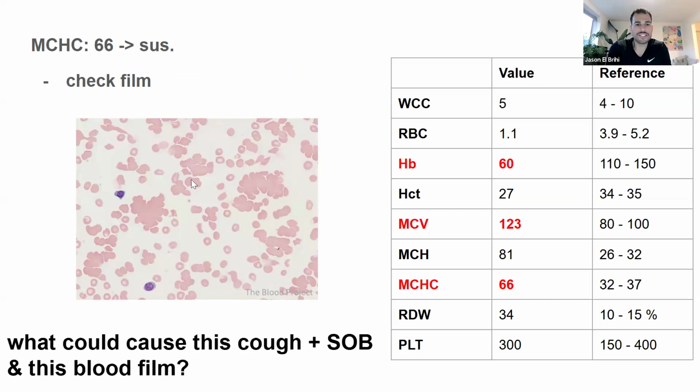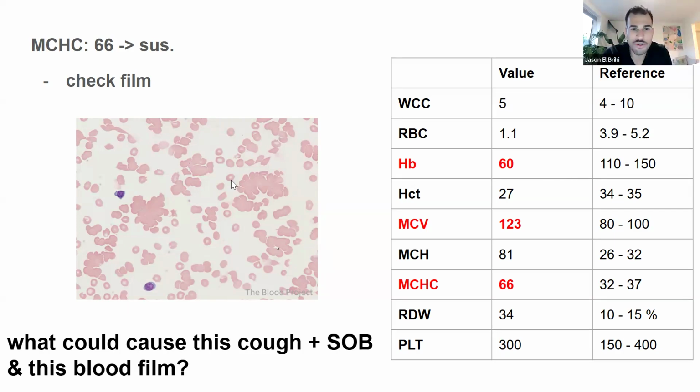So does anyone want to describe what we're seeing here? I did mention it earlier in the lecture, see if anyone was listening. Ella in the group chat saying agglutination. Awesome. Well done, Ella.